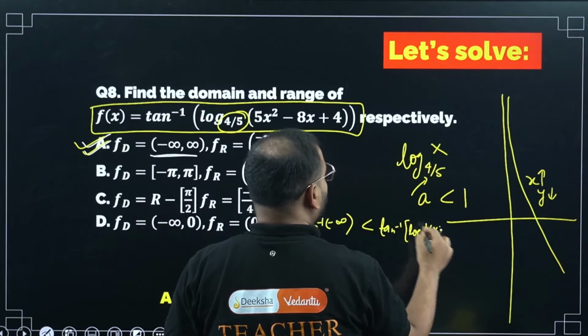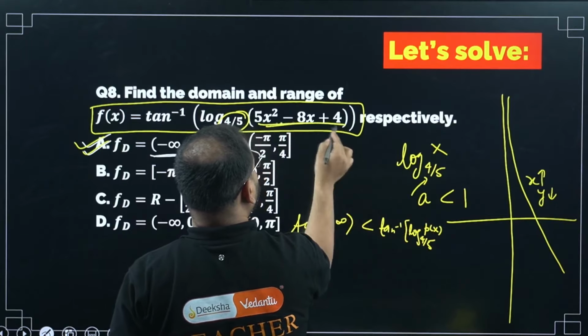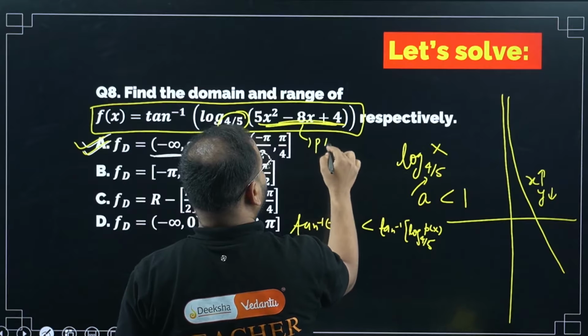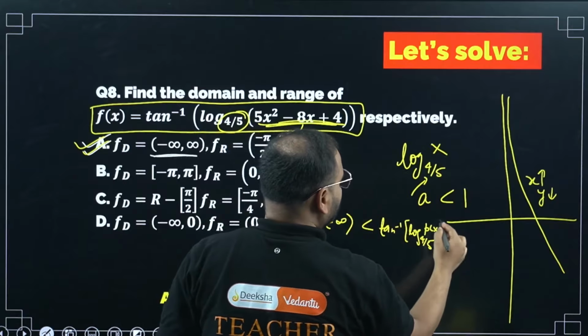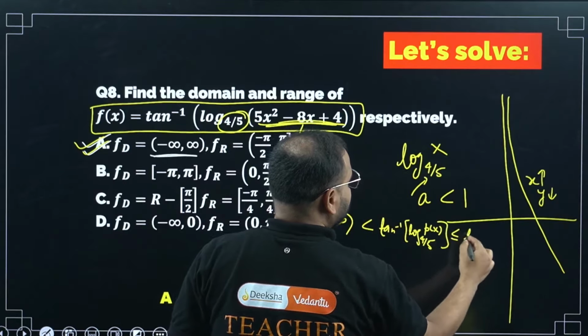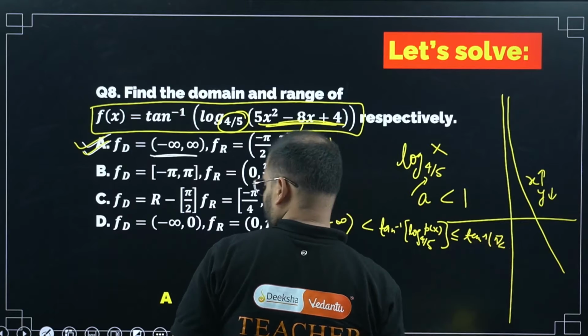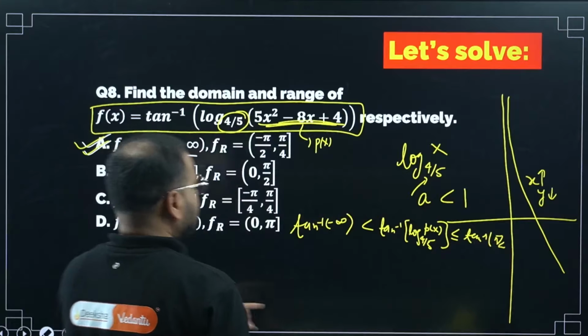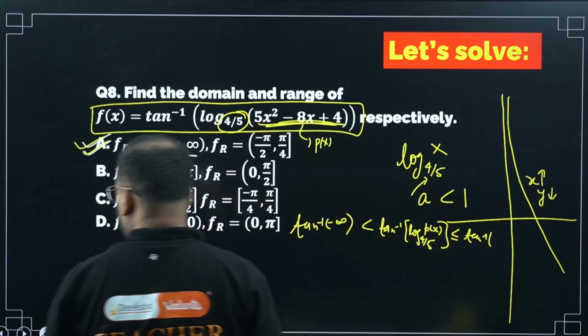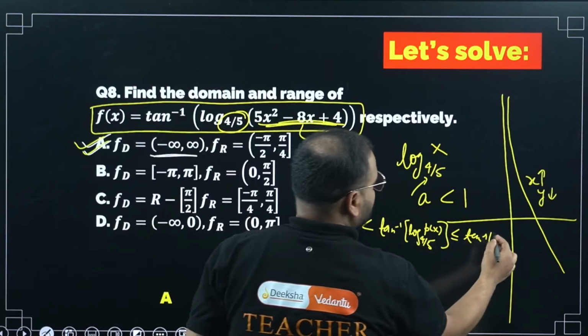What is px? I've taken this as my px, just a shorter way to write it down, nothing else. And less than tan inverse of what? Pi by 4. I messed it up. I wrote the answer. Tan inverse of 1.